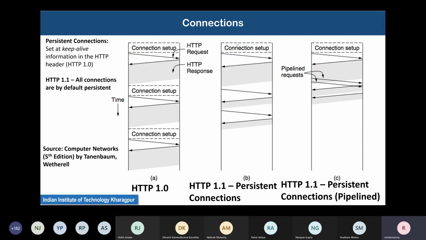If you notice the middle HTTP 1.1 persistent connection, one request was made, the corresponding data was sent, then another request was made. The connection was still there, but repeated requests were not superimposed on one another. One request, then some stuff comes, then the next request, then some stuff comes, etc. In the persistent pipeline version, even the requests are superimposed on one another.